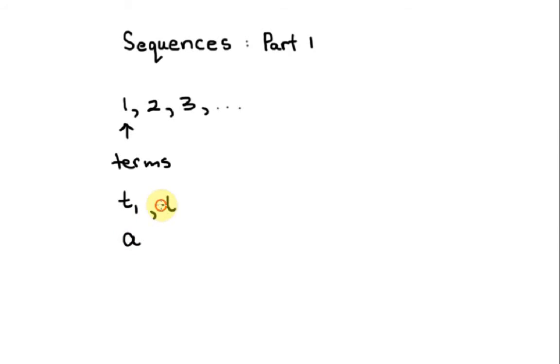And then we have term 2 and term 3 and so on. Okay, so that's kind of the basics of a sequence. And we're specifically going to look at certain types of sequences called arithmetic sequences. So that's the focus for today.